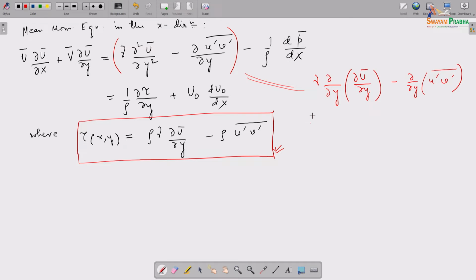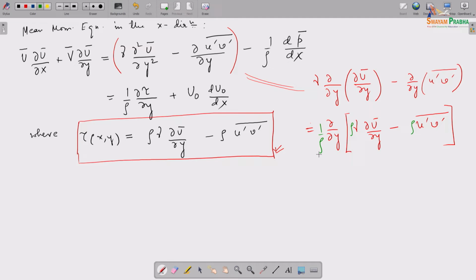You could just write that. You could do this here: del del y of nu, and then multiply both these terms by 1 by rho.